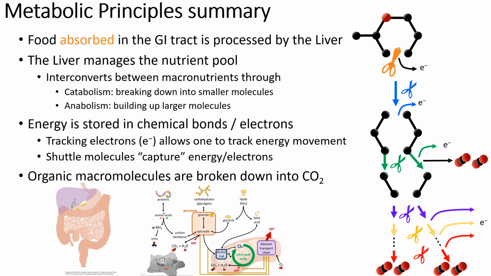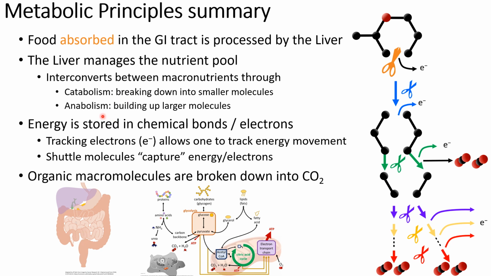So as a reminder to review what we talked about, we discussed how food is absorbed in the GI tract and then is processed by the liver, which is really the biochemistry lab of the cell, and it is able to convert the absorbed nutrients into different chemical forms and thereby manage the nutrient pool. So it can either break stuff down through catabolism, so breaking down larger molecules into smaller molecules, which we have here a glucose molecule being eventually broken down into energy in the form of electrons and carbon dioxide molecules.